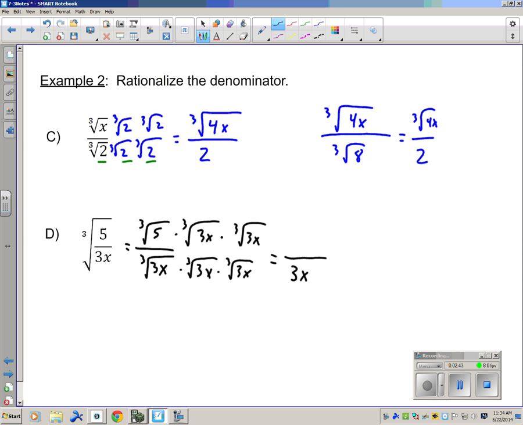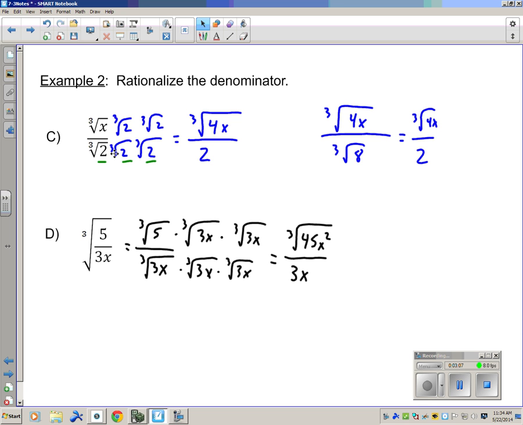I've got a 5 once, a 3 twice, and an x twice. So I have to put all of that back underneath the cube root. So 5 times 3 times 3 gives me 45 x squared. And I can't break down 5 or 3 any farther, so that's as far as I can get, and there's nothing in there that's 3 of. So there is my simplified answer as much as I can do.